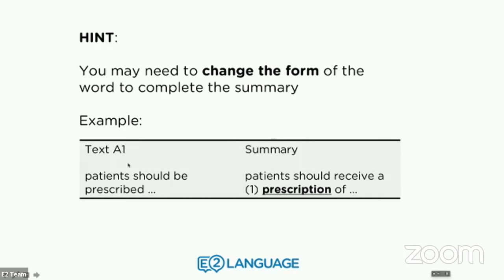For example, in the text, it says patients should be prescribed, but in the summary, it says patients should receive a prescription of. So we've changed this past participle to a noun form. So you may need to change the word form to fit the gap so it works grammatically, okay?